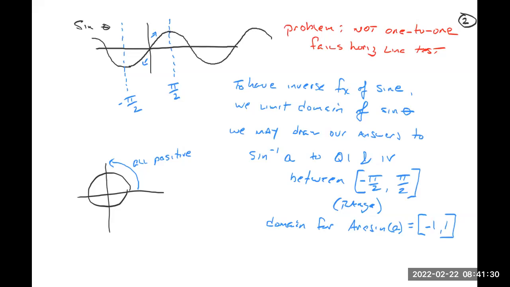So here we have all of the possible positive y values. And here we have all negative y values.